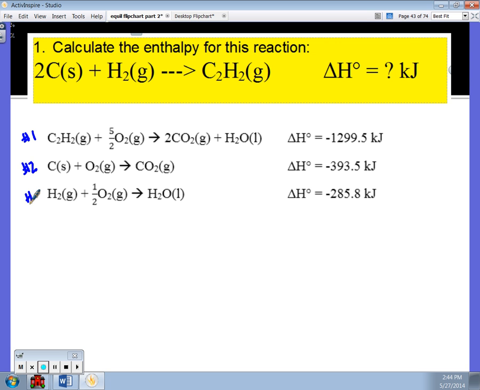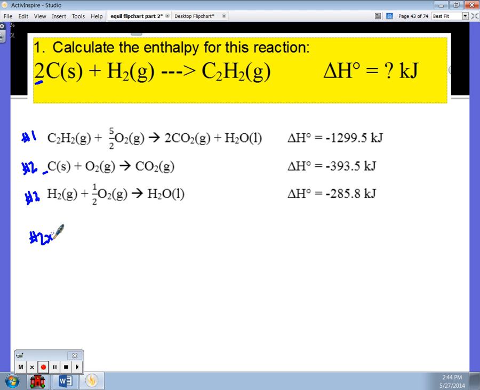Starting at the beginning, I want 2 carbons. Down here I have 2 carbons on this side, and it's the only reaction where I have carbon. It's on the correct side, so I don't need to flip it, but I want to have 2, and I only have 1 down here. So this whole equation, I'm going to times it through by 2.